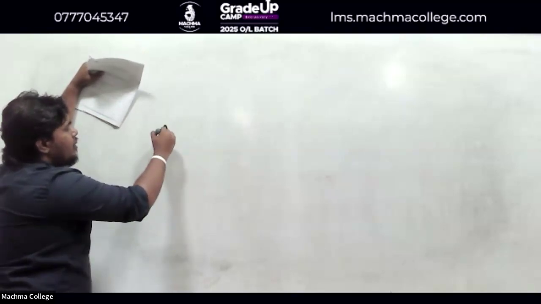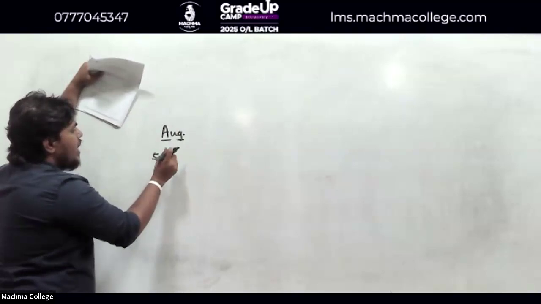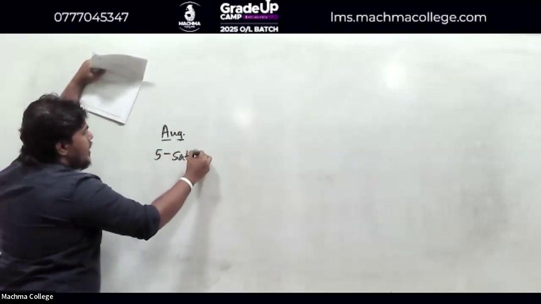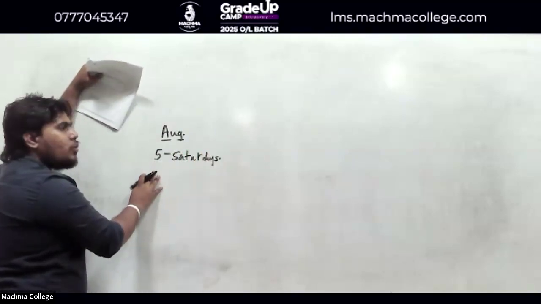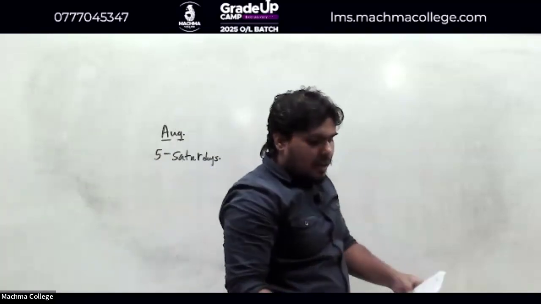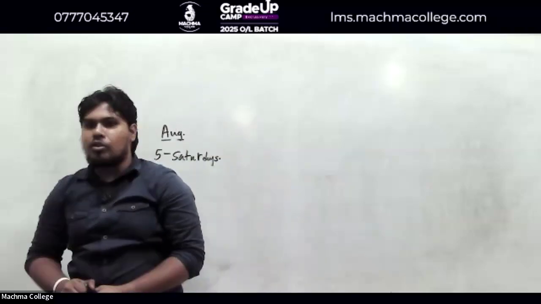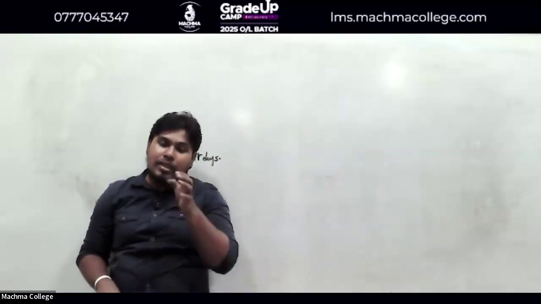Now, in the month of August we have 5 Saturdays. The first Saturday is today, and today was an introduction, in the sense that I gave you the idea of how you have to work and how this should be done, and then I discussed the questions very slowly with you.